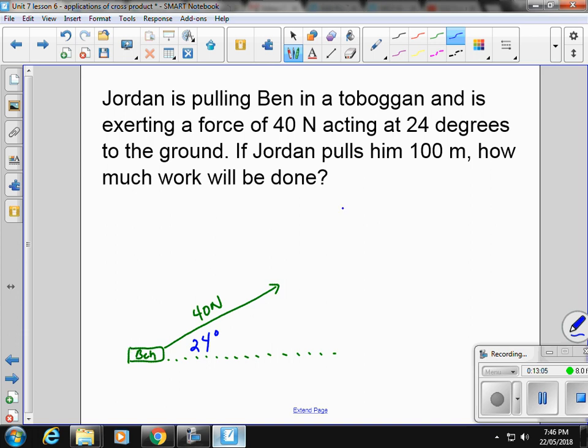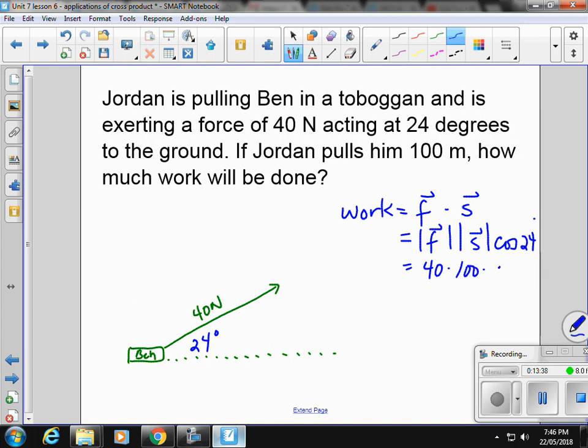So work is the dot product of the force over the displacement. Work is the magnitude of that force, the magnitude of the displacement, cos the angle between them, which is 40, that was the force, 40 times 100, it needs to be in meters. 100 meters, there we go, times cos of the angle between them.